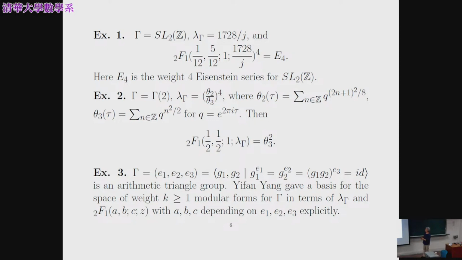Okay, so if we use that as the map lambda gamma, then we take the 2F1 with parameters 1/12, 5/12, and 1. Then evaluate that as 1728 over J, and that function is the standard modular form of weight 4, E4 for SL2Z, taking fourth root.